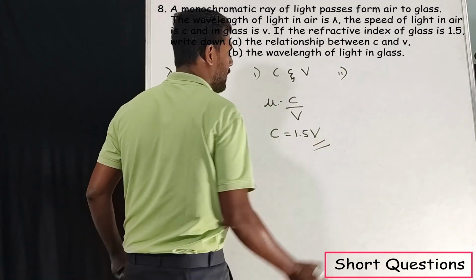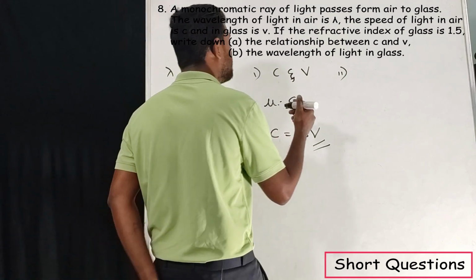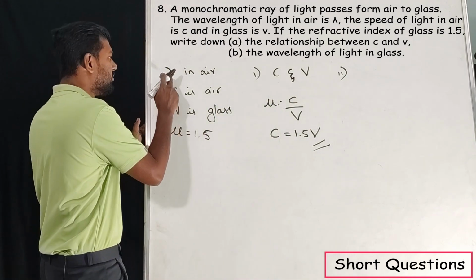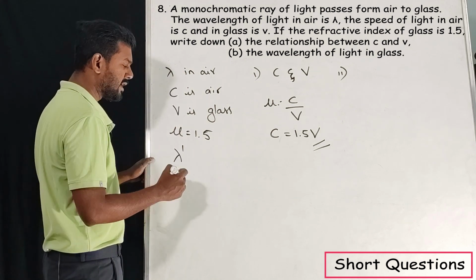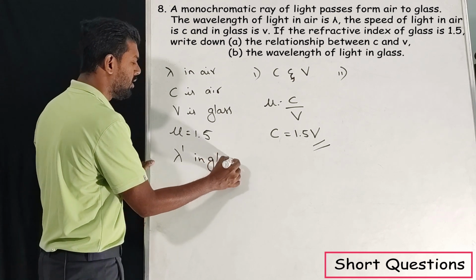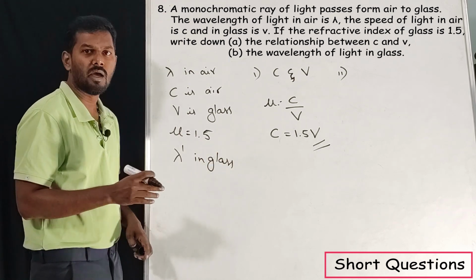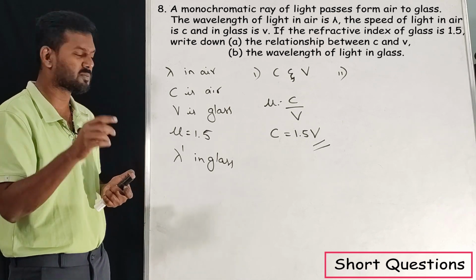Second one, what is the relation between the wavelength of light in glass? Wavelength of light in glass. Listen, this is the wavelength of light in air. Then lambda dash will be the wavelength of light in glass. Lambda will tell us the wavelength of light in the first medium.